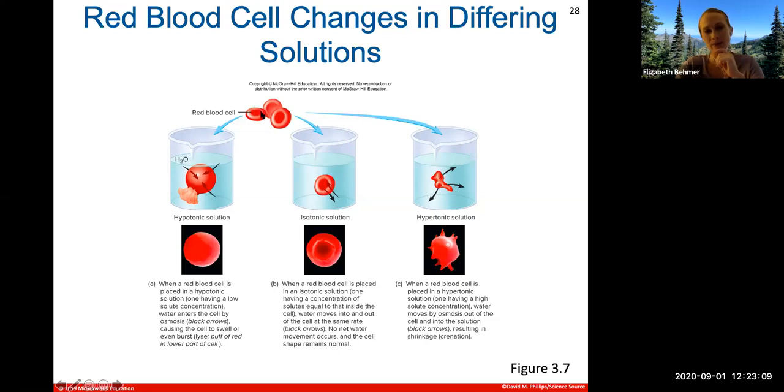If we take red blood cells, which make up your blood, and put them into a hypotonic solution, we are putting them into a solution that is less concentrated than your red blood cells, basically just distilled water.